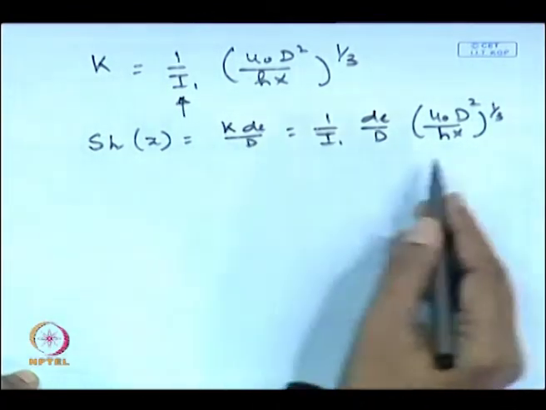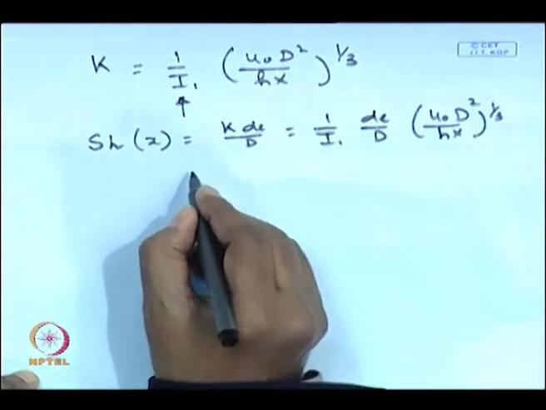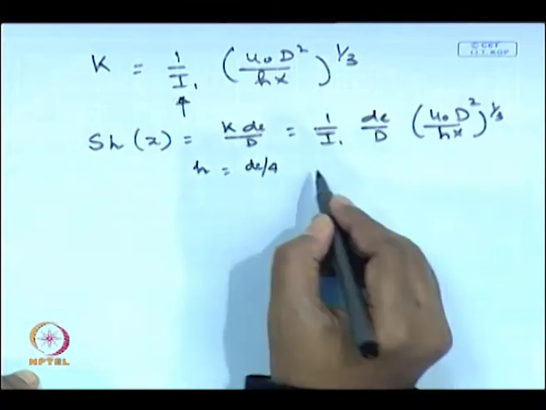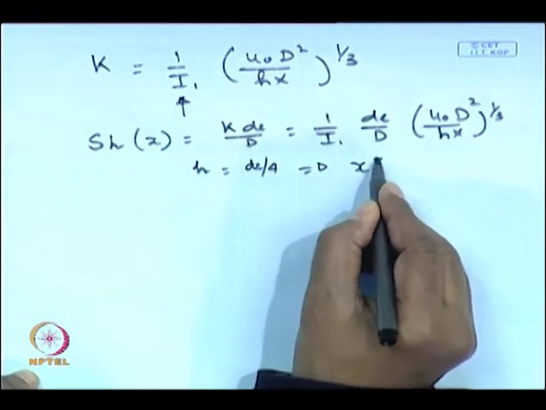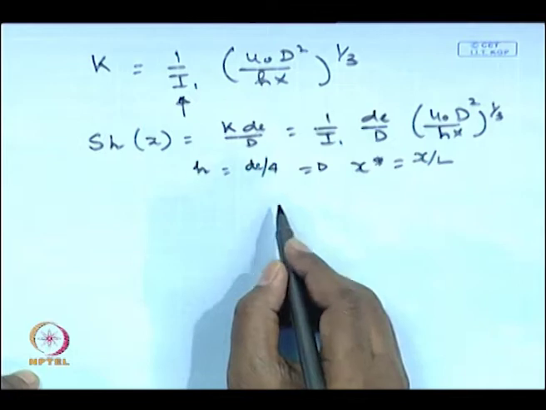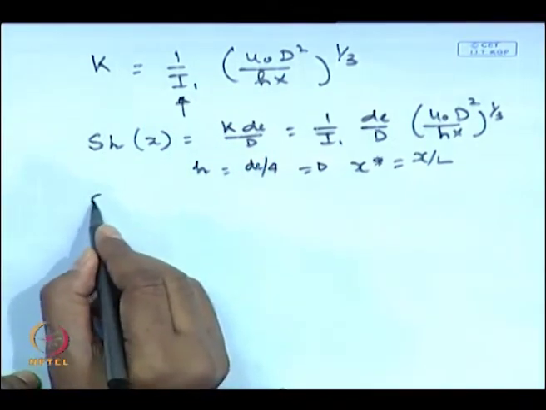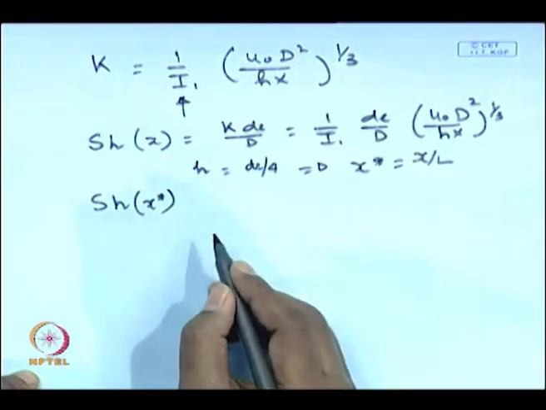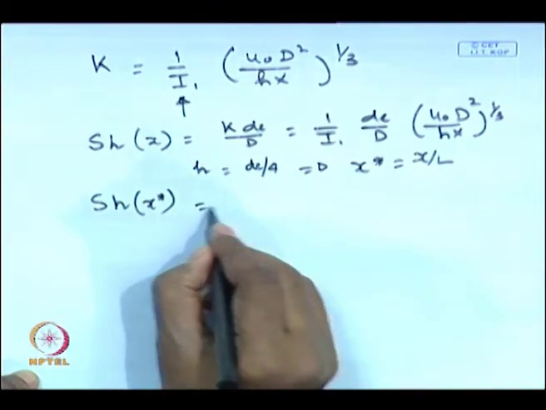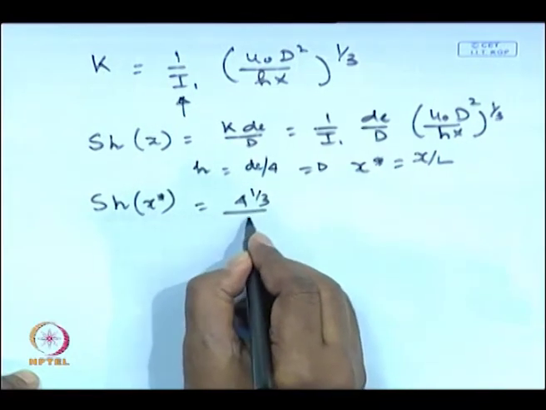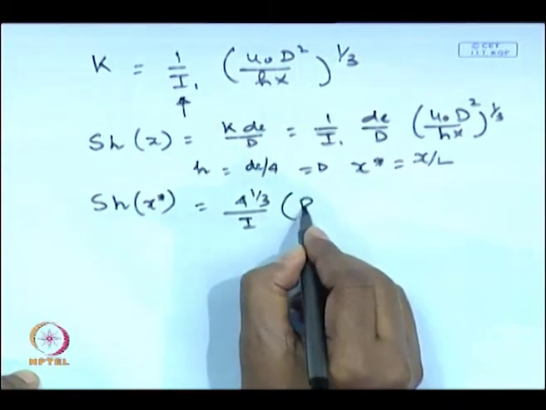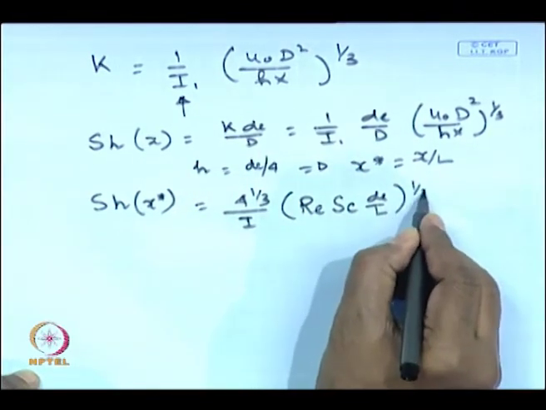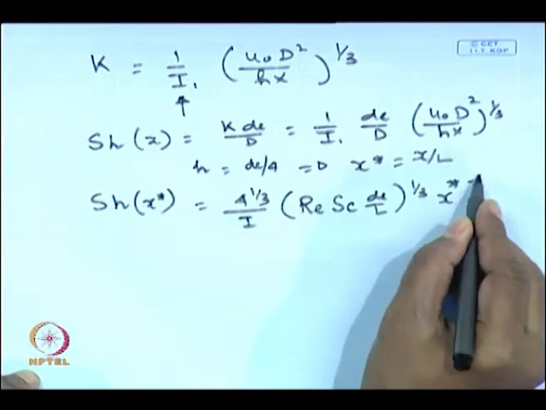Now we write the half height in terms of equivalent diameter, h is equal to d by 4, and express x star as x by L. Then we can easily find out, you substitute all this in the expression, and you will be getting the expression of Sherwood number as a function of x star as 4 to the power 1 upon 3 divided by I. The whole thing within the bracket becomes Reynolds-Schmidt d by L raised to the power 1 upon 3, x star raised to the power minus 1 upon 3.